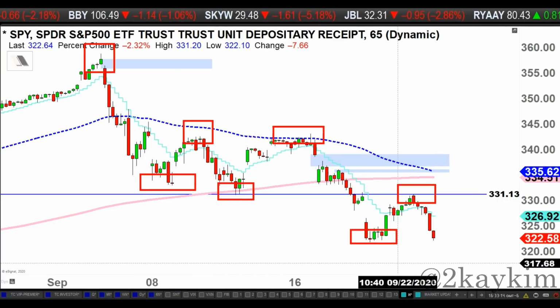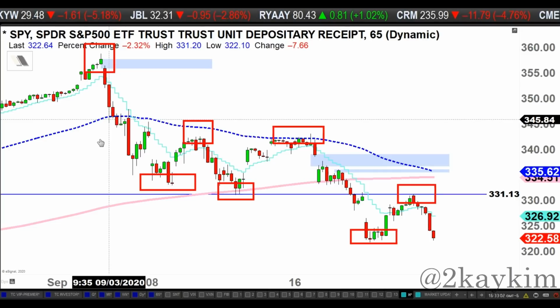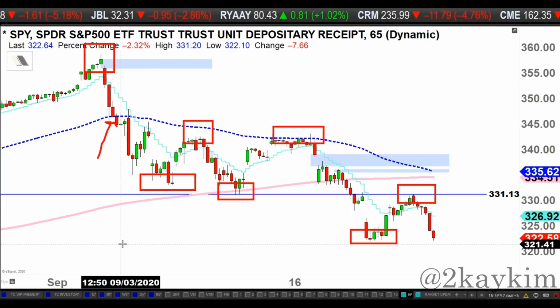And when you have lower highs and lower lows, we want to give the benefit of the doubt to the sellers. I've been giving the benefit to the sellers ever since this thing broke below my midterm moving average here, right? So I've been fair in my analysis.